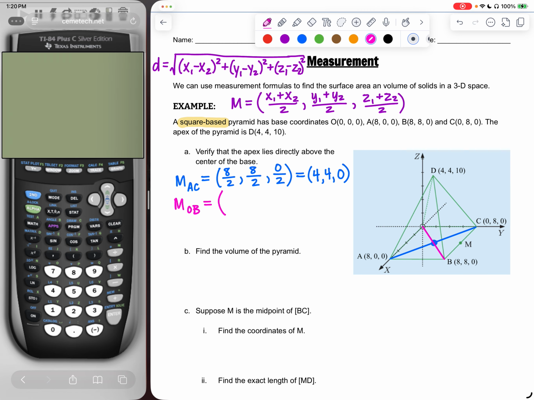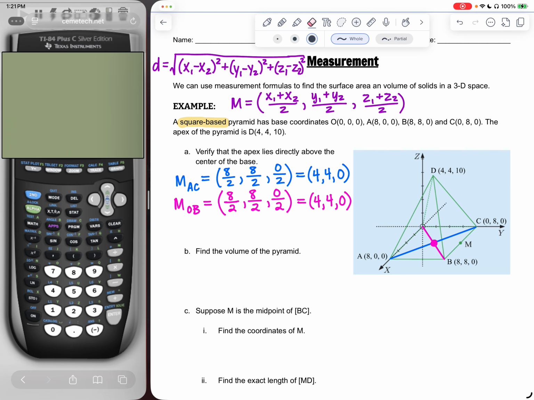So when I add the x's, I get 8, and of course, I have to divide by 2. When I add the y values between O and B, I get 8 divided by 2. And when I add the z values, that's going to be 0 divided by 2, which gives me the same point, which is at 4, 4, 0. So I can see that that is my center.